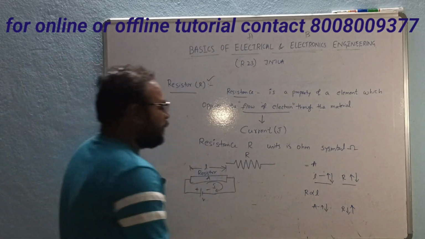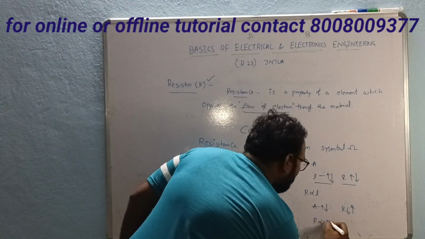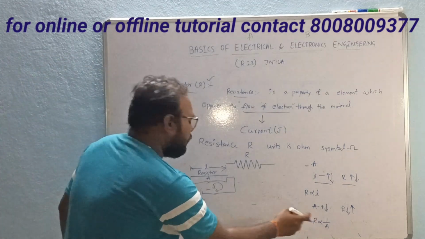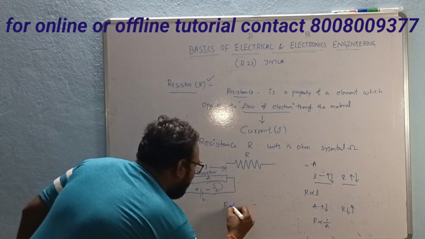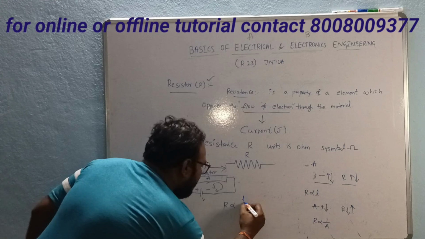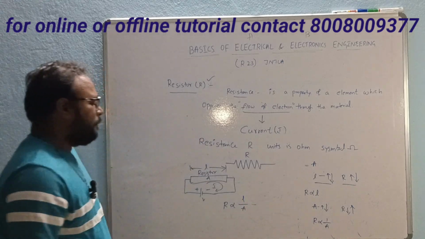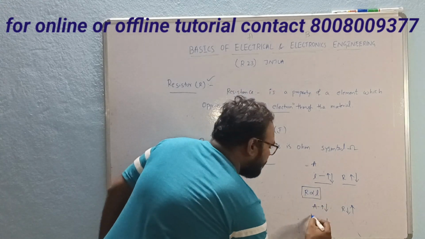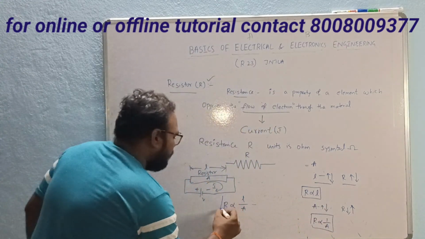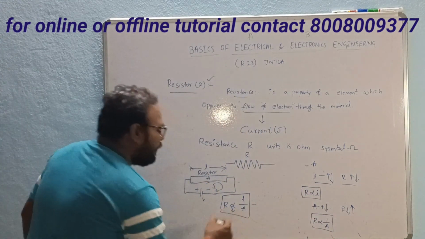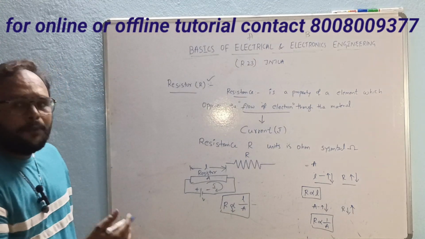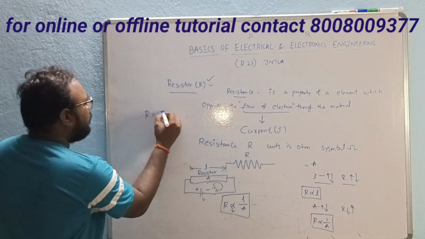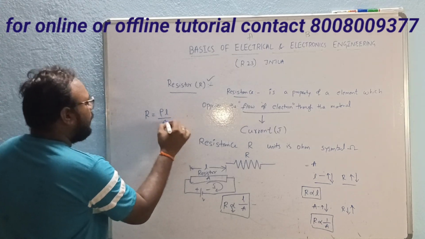So R is inversely proportional to cross sectional area. By combining these two, we can write R is proportional to L by A. These are very important expressions. Here we have a proportionality constant. To remove it, we write R equals rho L by A.